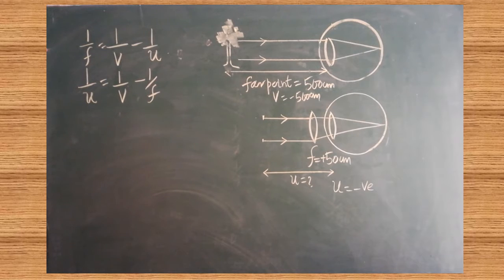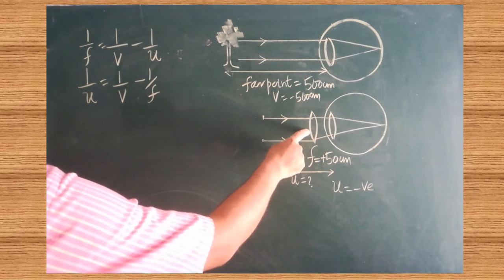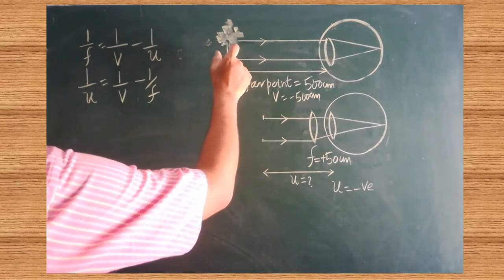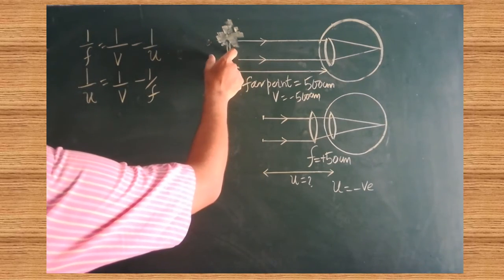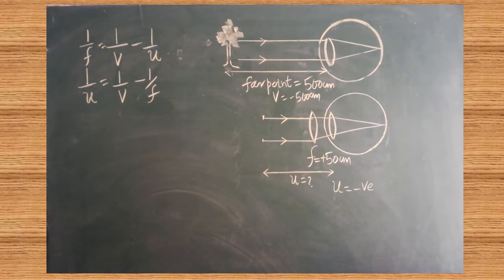The question is, after wearing this convex lens, what will be the distance of the object which is kept far away from him? Are you clear? What should be the maximum distance of the object that could be seen very clearly after wearing the lens? I will read the last part of the problem.